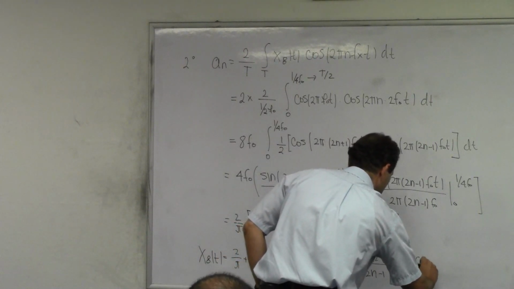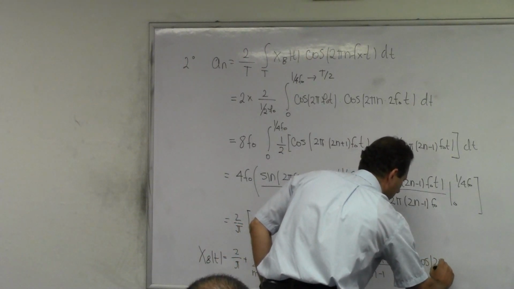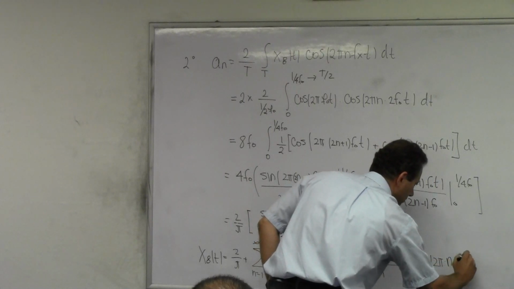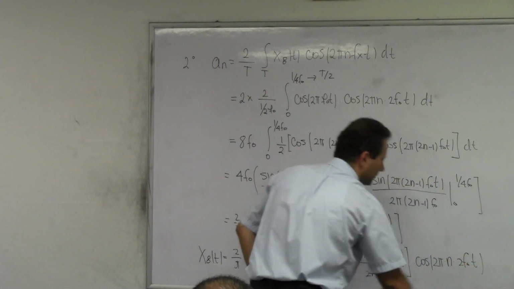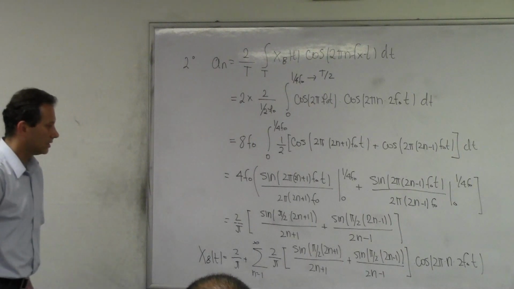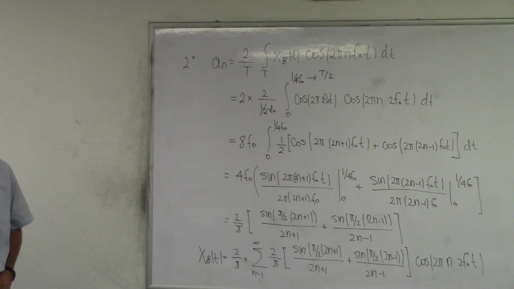And then times cosine 2 pi times n times 2 f0 t. That's the Fourier series for this particular function. Okay?